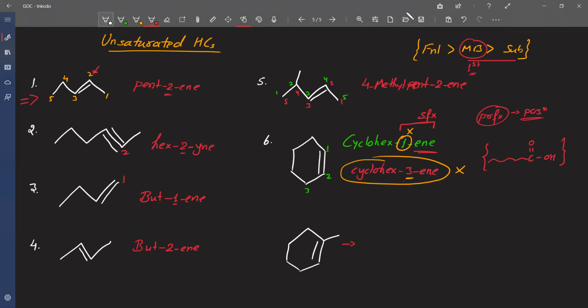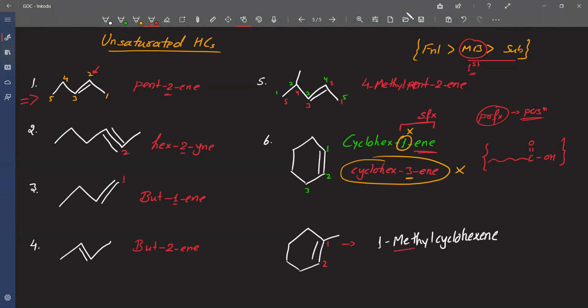So this is 1-methylcyclohexene, correct. This is position 1 and this is 2. So it is position 1, so it will have the number 1.